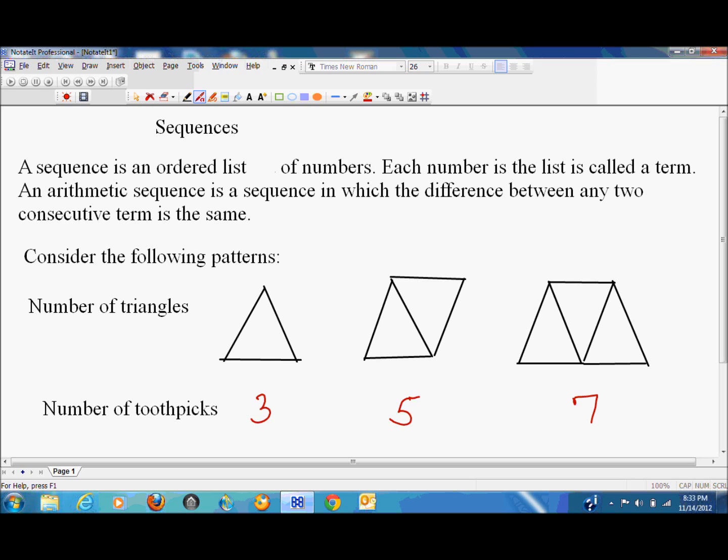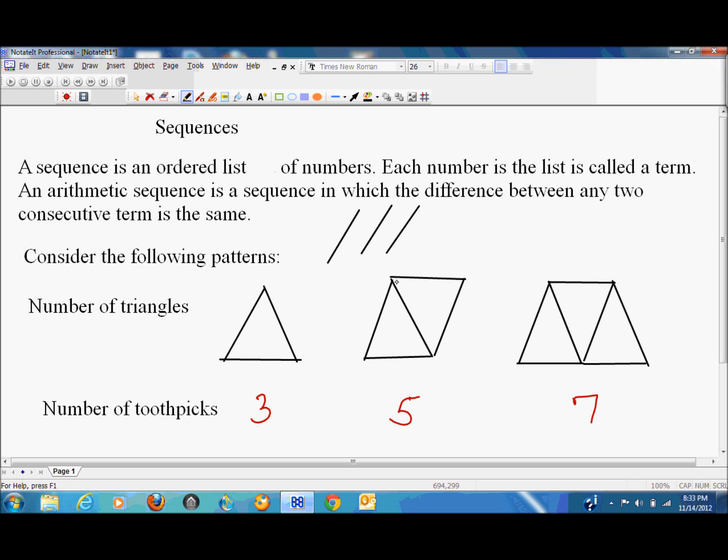Let's say, for instance, that down below I have some triangles. Actually, I created these triangles with my little toothpicks. I have 3 toothpicks in the first triangle. I just laid them across each other. Now, if I use 3 for the first one and I want to create another one, here's my first one, that's my second one, and my third.